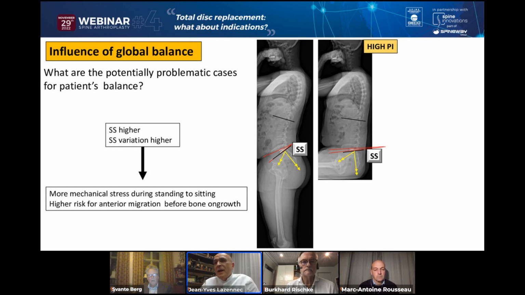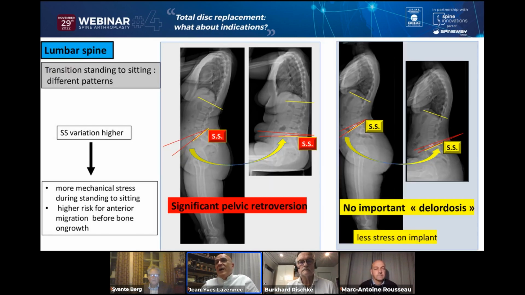Now to finish, what about global balance? What are the problems? Patients with high pelvic incidence because they have a lot of mobility in the sacral slope, so more risk of slipping. In the patient, when you have a lot of delordosis, so ask them not to sit too low.